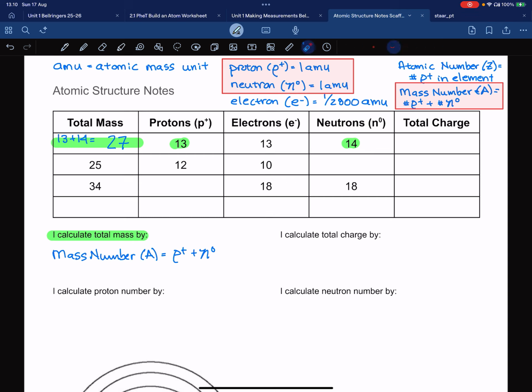We have to remember that protons have a positive charge and electrons have a negative charge. And so the next thing that we're going to be doing is calculating the total charge. Well, I calculate the total charge by taking the positive number of protons, because they are positively charged, and subtracting the number of electrons because they are negatively charged, and that gives me my total, or in some cases referred to as net charge.